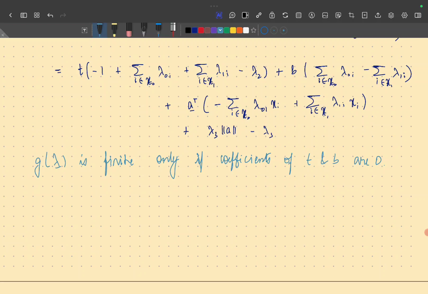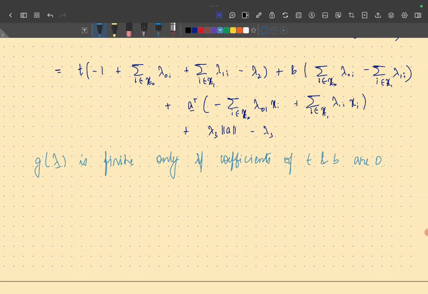In fact, a very similar question appeared in your exam. You got a question in a slightly different form, that is, you had to find the conjugate of something.